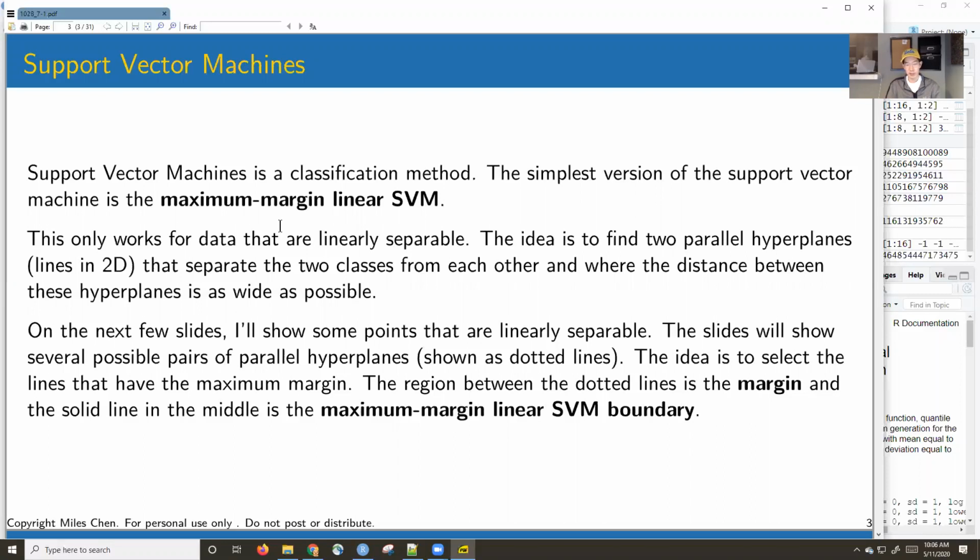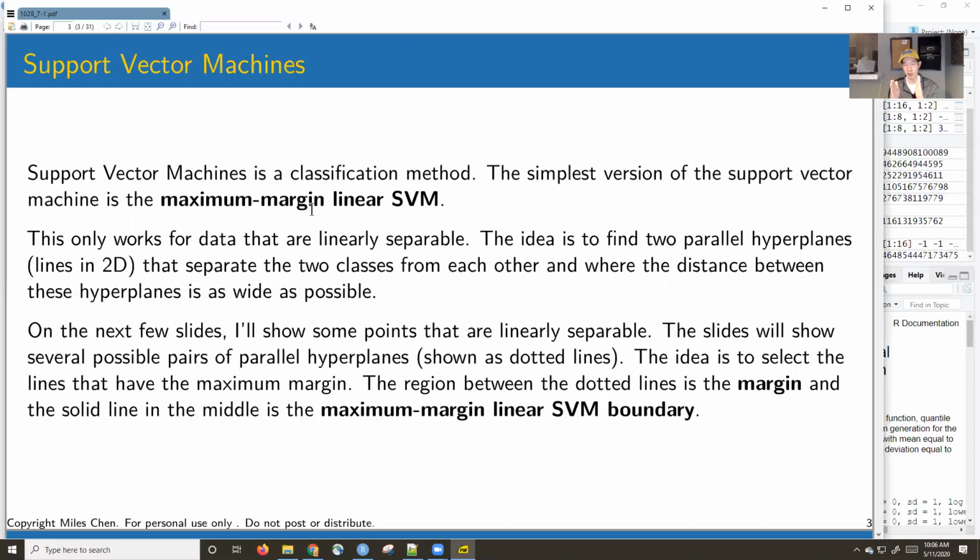Okay, and what it's going to do is these parallel hyperplanes, or in our case, parallel lines, each separate two classes from each other, and then what we want is we want the distance between these lines, the distance between these hyperplanes, to be as wide as possible. That's where we have the maximum margin.